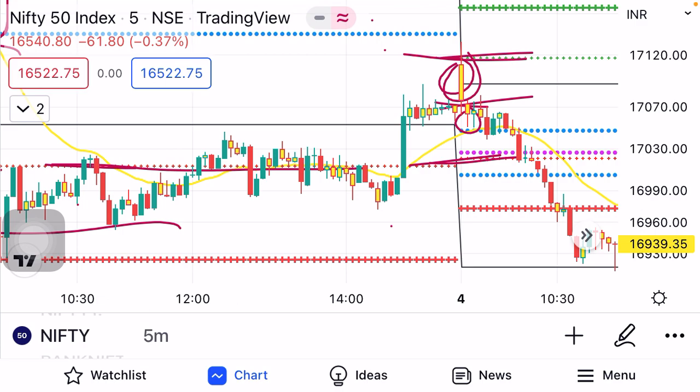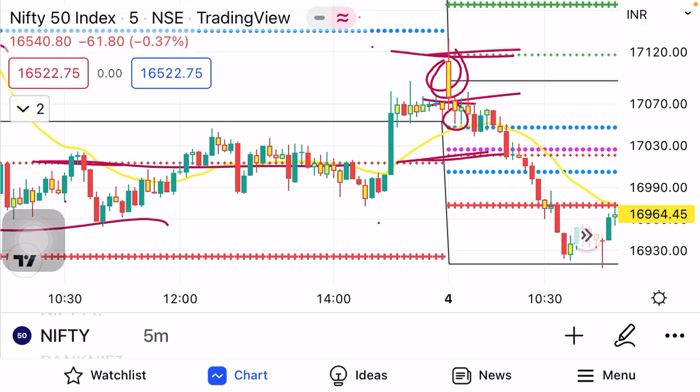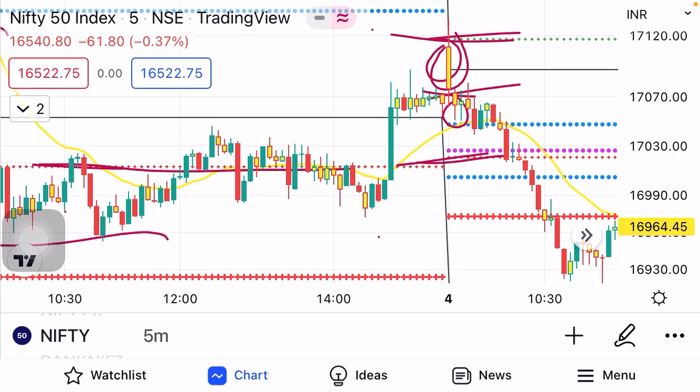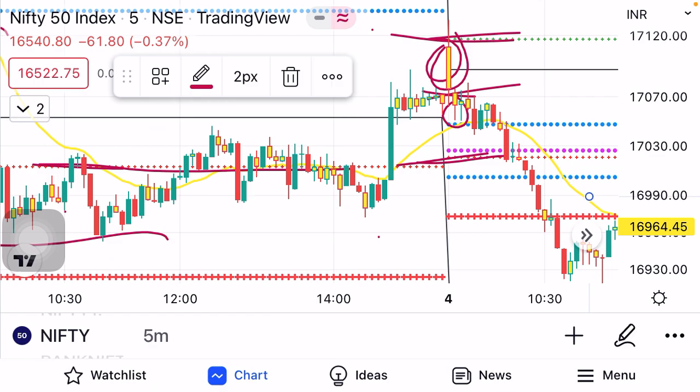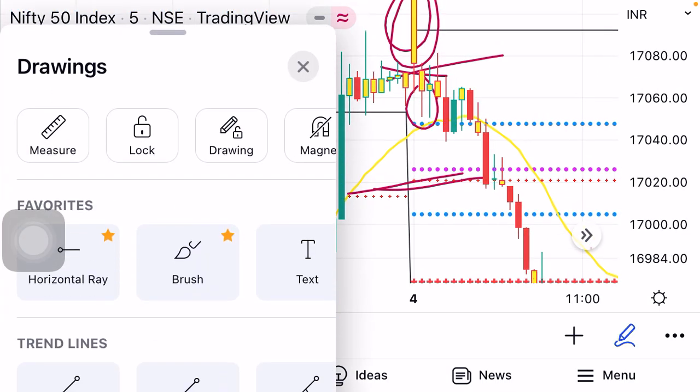So here at this point, what will we do? We don't take any trade, because this first 5 minutes candle has not given us the opportunity to take any trade.